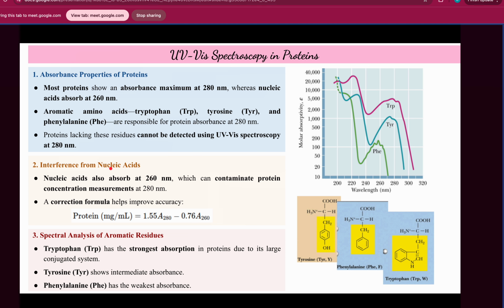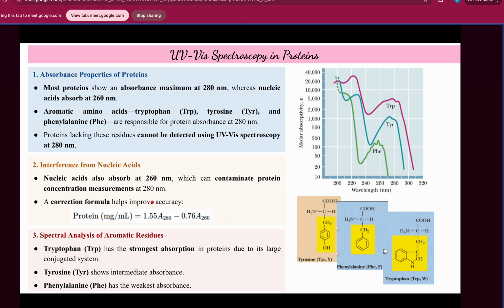And then, interference from nucleic acids. In many cases, you are taking a protein sample which could have impurities. If there are nucleic acid impurities, then whenever you observe the spectra, there might be some absorbance also happening at 260 nanometers, which can contaminate our calculations.